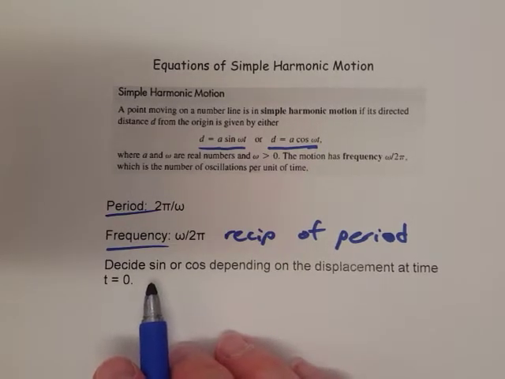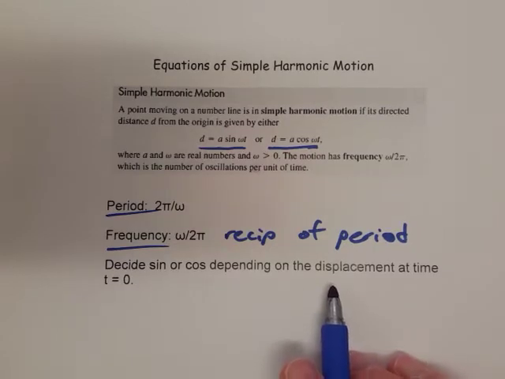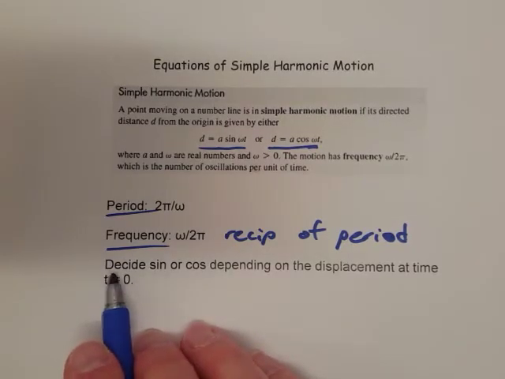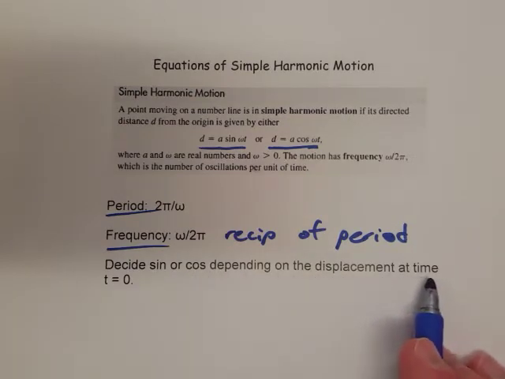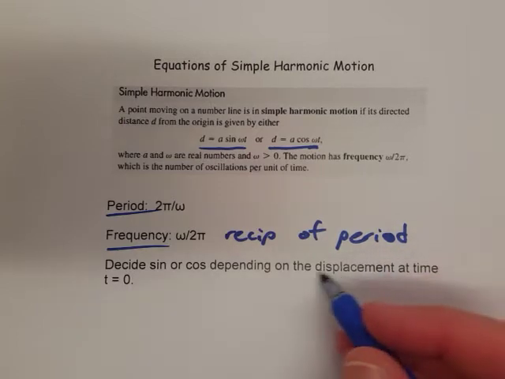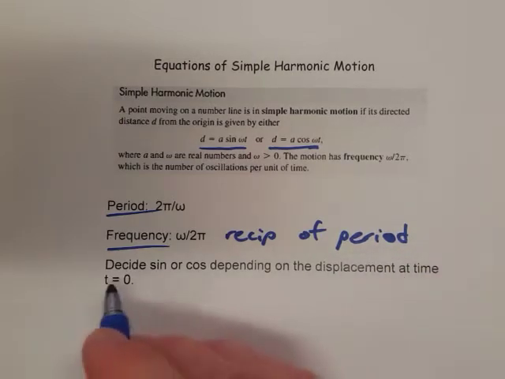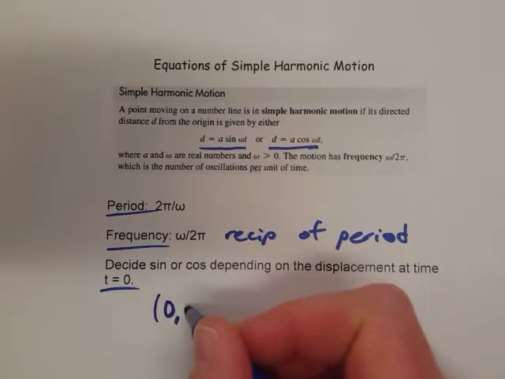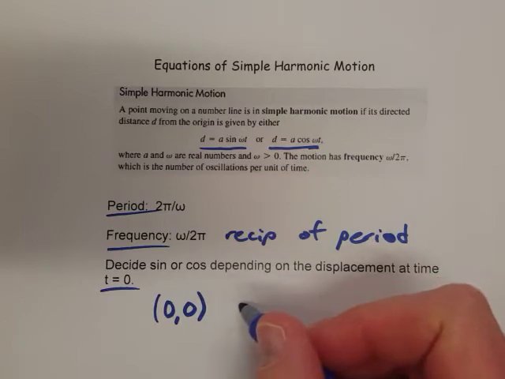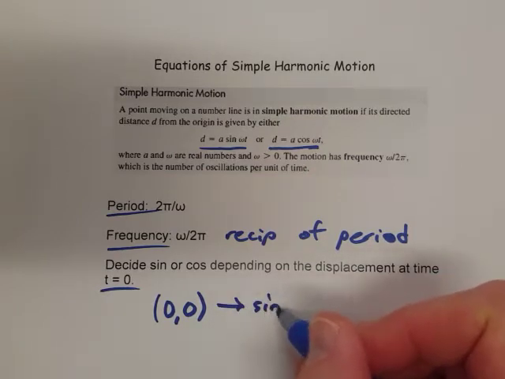One thing about these: when we're doing simple harmonic motion equations, we need to decide between sine or cosine when we write the equation, depending on the displacement at time t. Basically, displacement means where it is at time t equals 0. So remember that if the point we have is (0, 0), then we're most likely dealing with a sine graph.